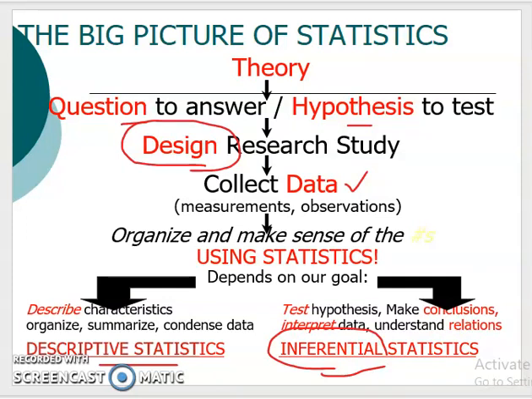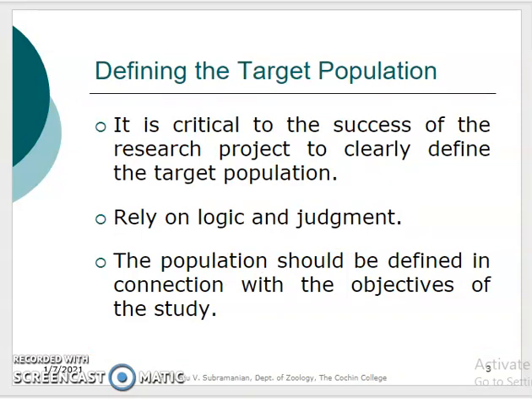Next, there are certain terminologies which are used, and before going into the terminologies, we will discuss the target population. It is critical to the success of the research project to clearly define the target population.